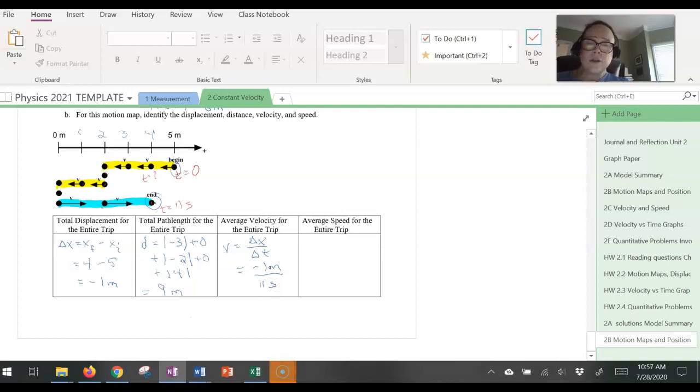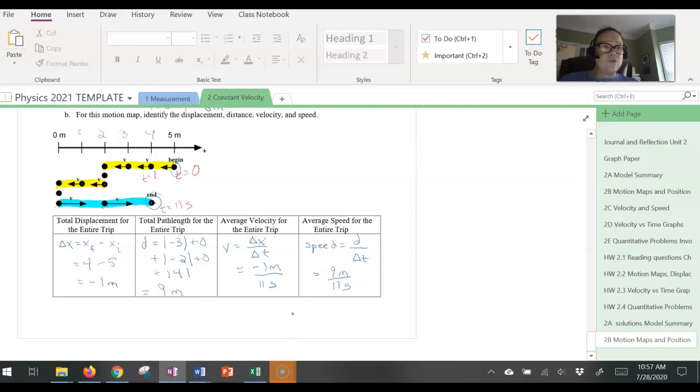And gosh, I don't have a calculator, girls, but if we did that math, that would be the average velocity. Okay, and then the speed would be the distance that the object moved divided by that elapsed time. And so it moved 9 meters in those 11 seconds.